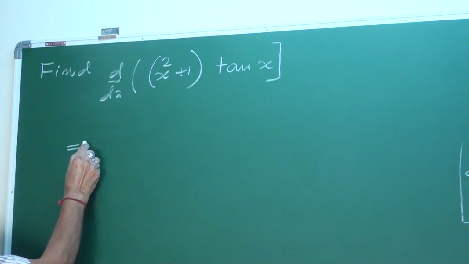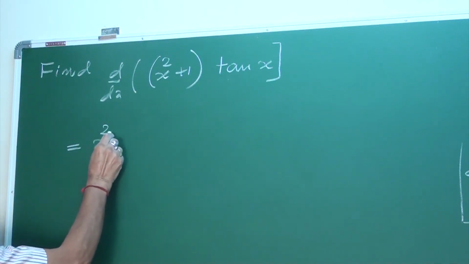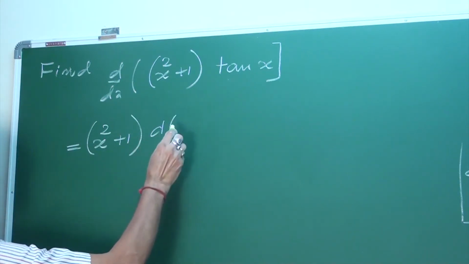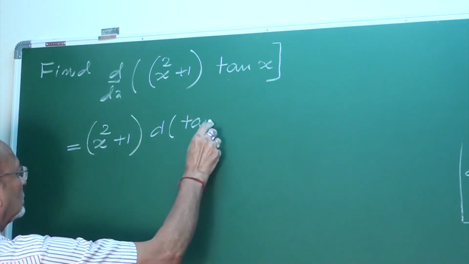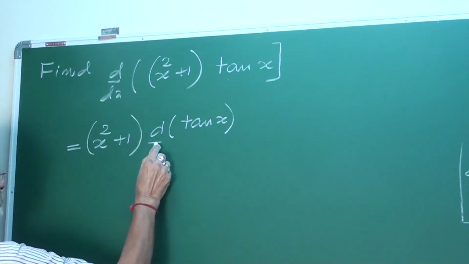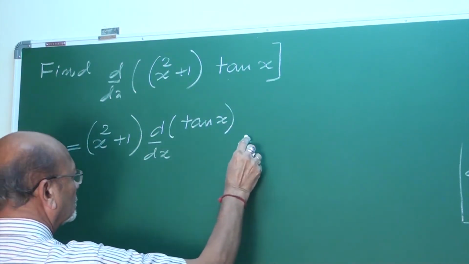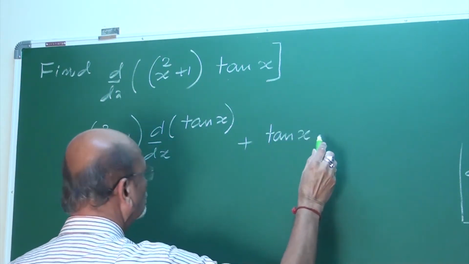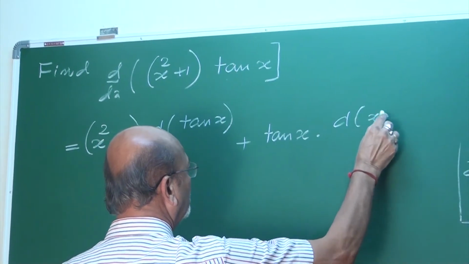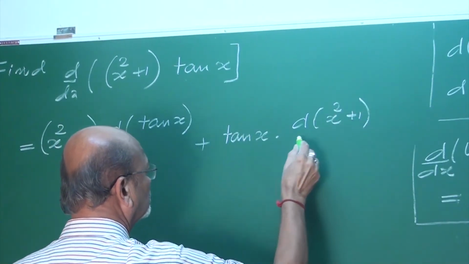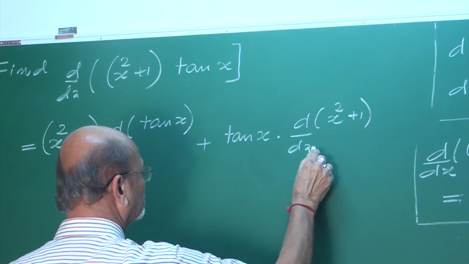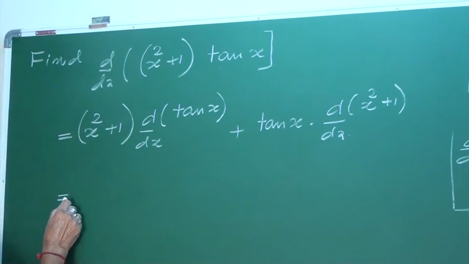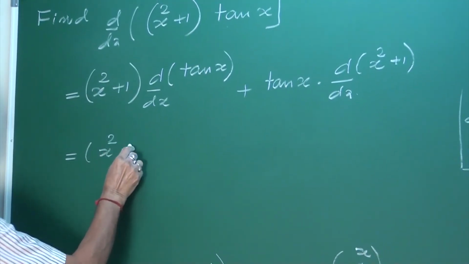Equal to first function as it is, x squared plus 1, into the derivative of tan x with respect to x, plus tan x into the derivative of x squared plus 1 with respect to x. Next, write their derivatives.